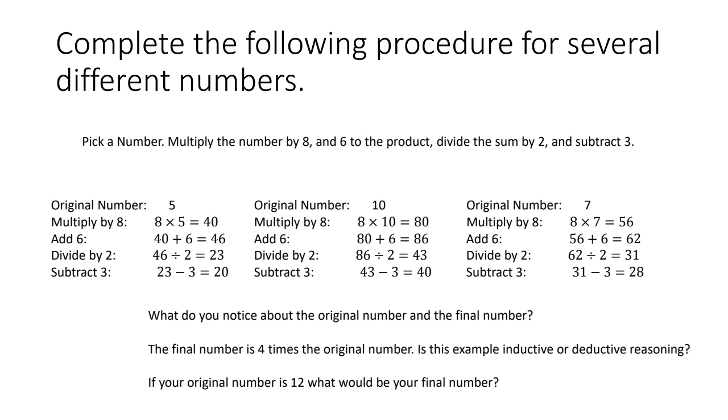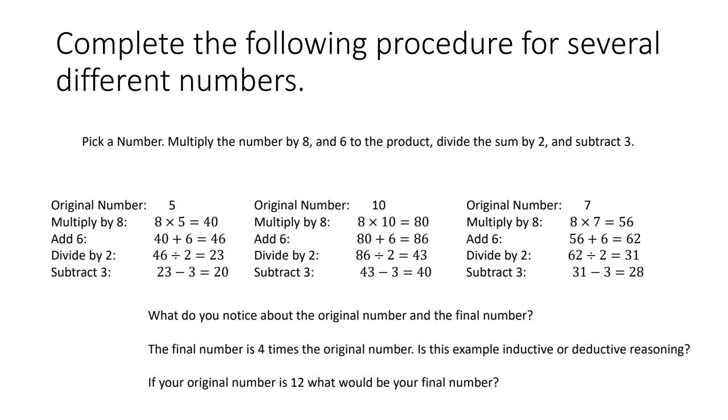So let's take a look at what that argument would look like. Notice that this sentence says the final number is 4 times the original. Is this inductive or deductive reasoning? Well, this is inductive, because I created my hypothesis by looking at specific examples, 5, 10, and 7, and it seems that at the end I always get the original multiplied by 4.